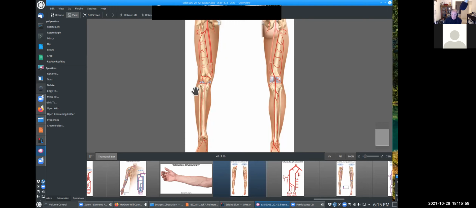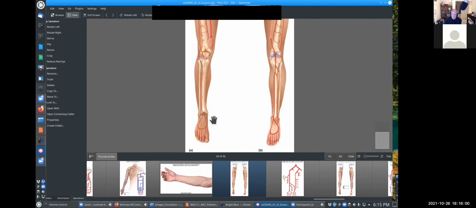And then, like I said, on the front of the foot, if there's something marked down here, that's going to be the dorsal artery. And on the back, it's going to be the posterior tibial.